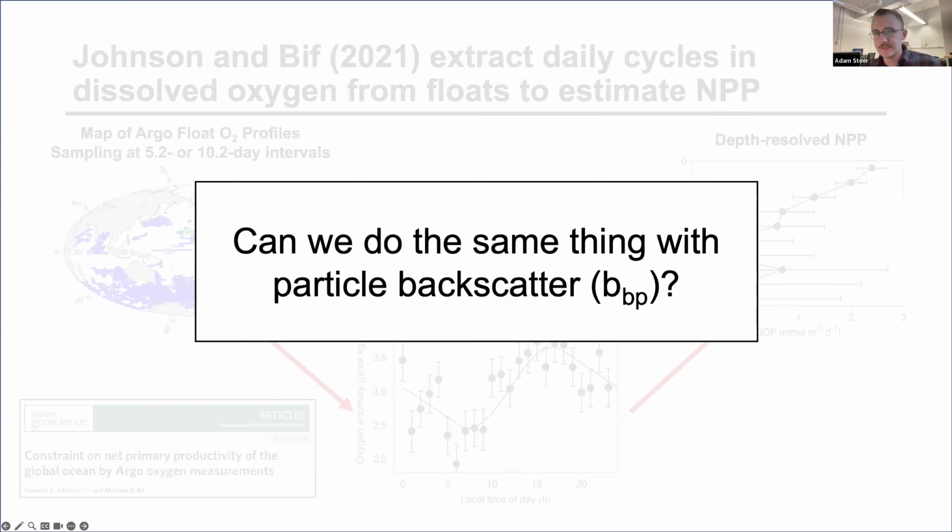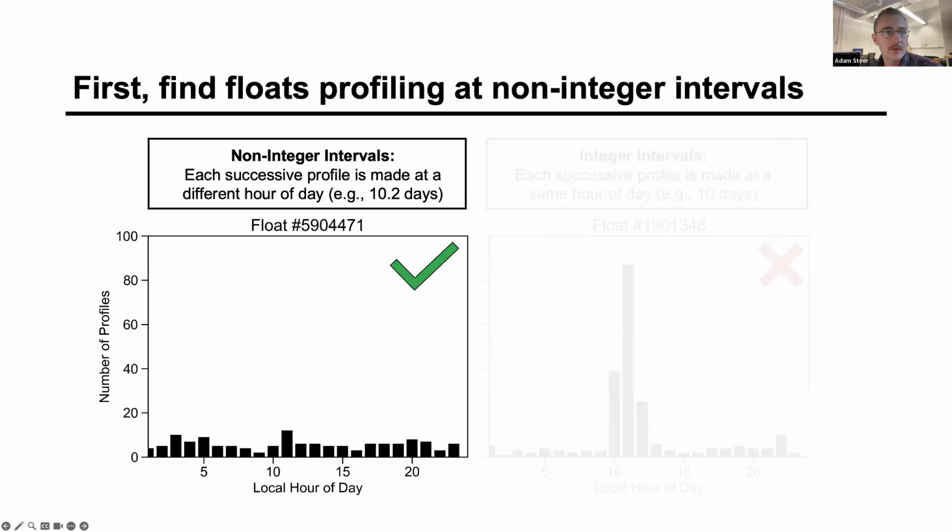So our question was simple: can we do the same thing with particle backscattering measurements from the BGC Argo network? What we did was follow very similar steps to what Johnson and Bif did. That involved identifying floats that were profiling at non-integer intervals.